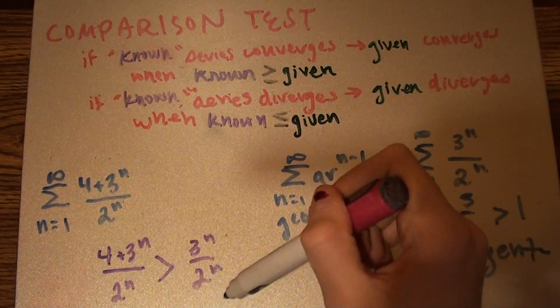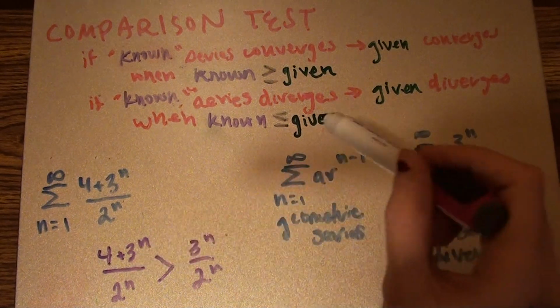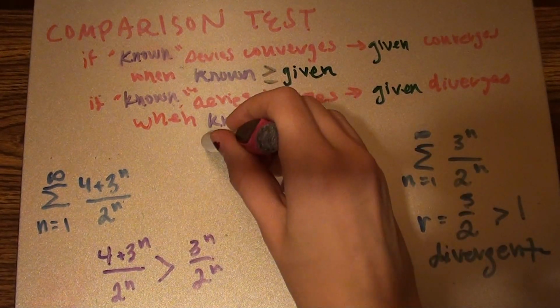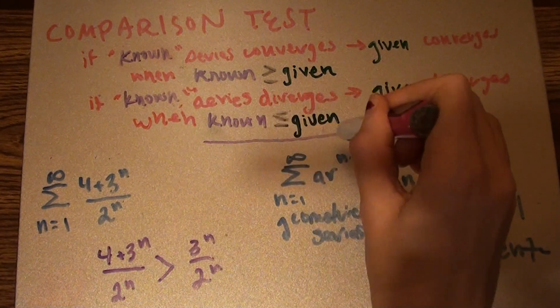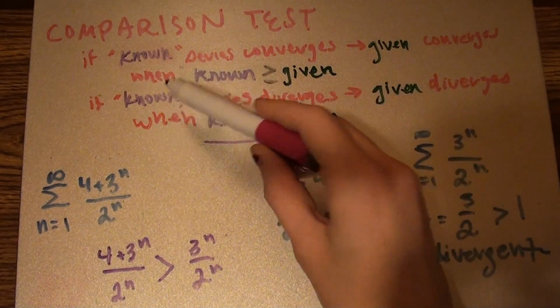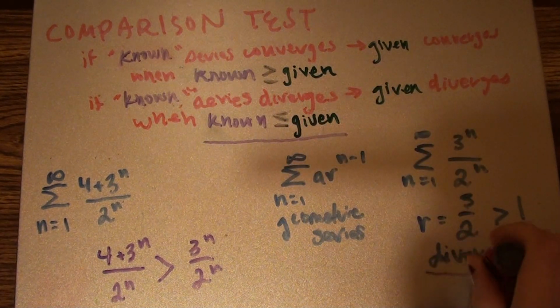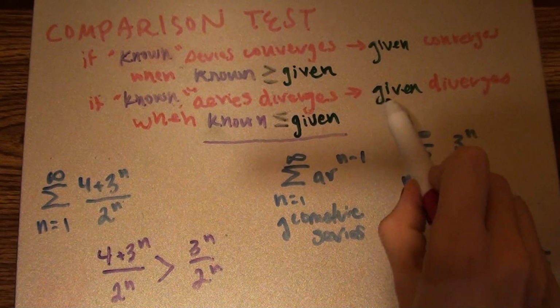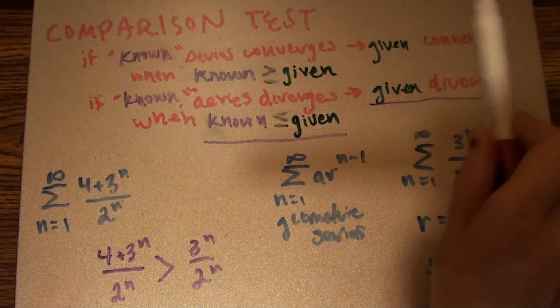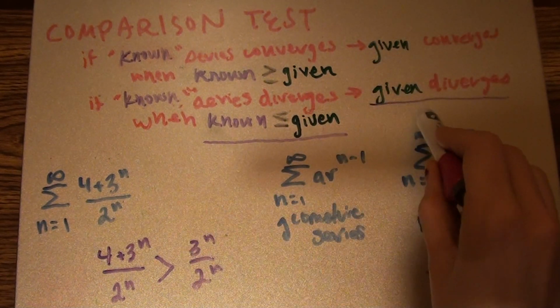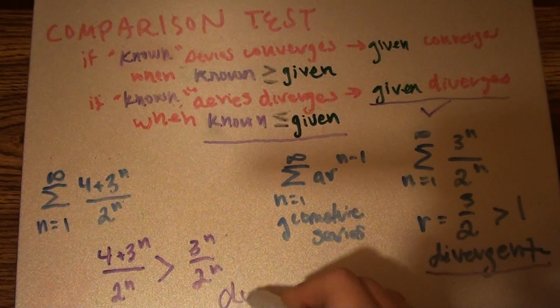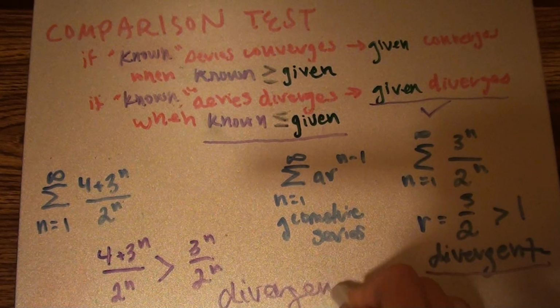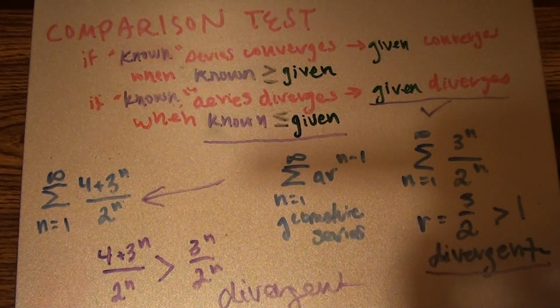So our known is less than our given, which satisfies the condition. Our known is less than our given, and we know our known series is divergent, so we can conclude our given series will also be divergent. So this series diverges.